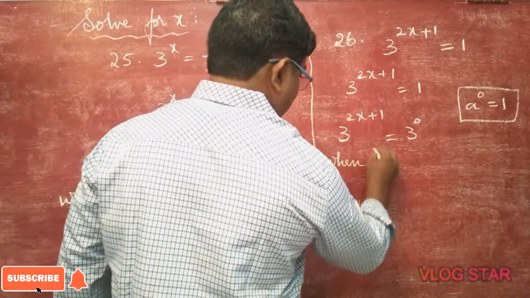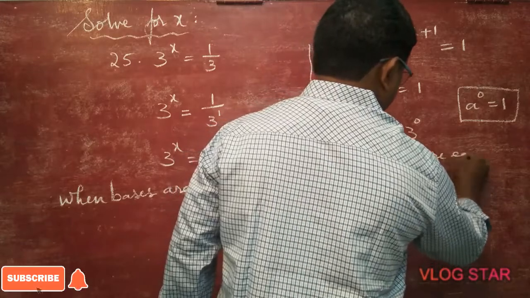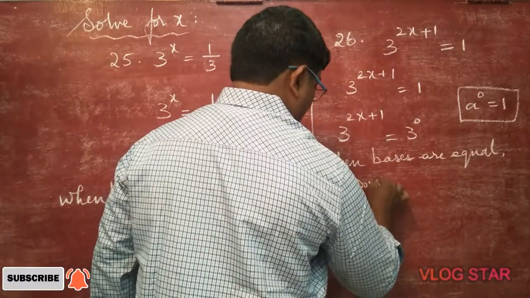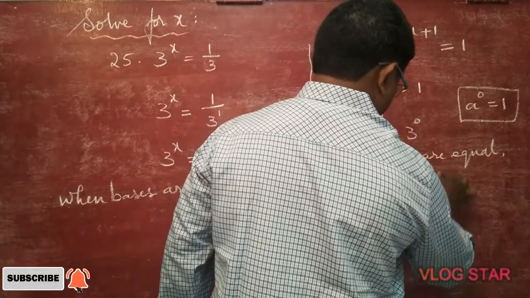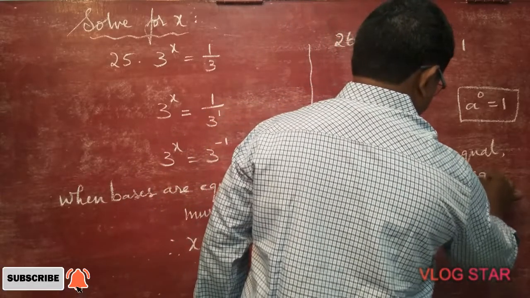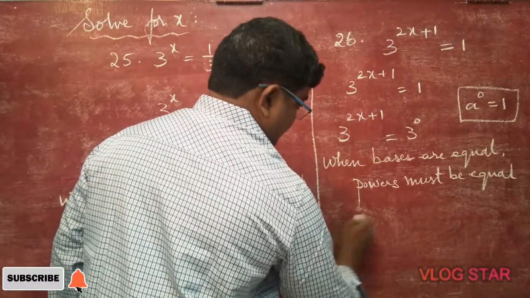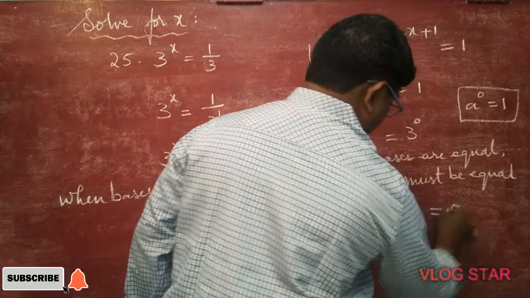What sum? When bases are equal, powers also must be equal. So 2x plus 1 is equal to 0.